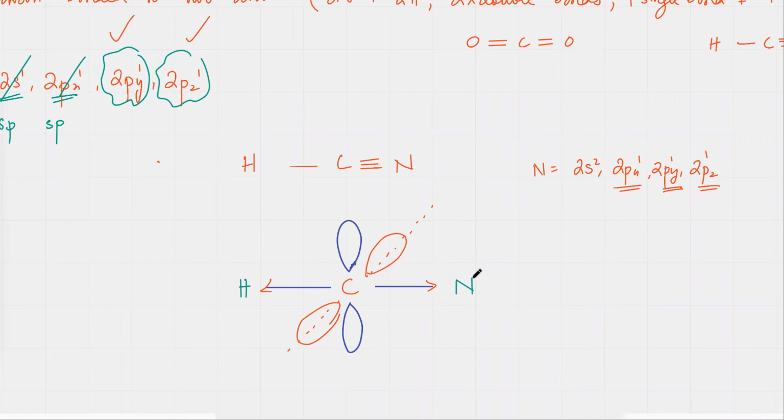Nitrogen has already received one electron from carbon, so the 2px is, let's assume, full. What about the 2py and the 2pz? Nitrogen has orbitals that still need electrons. So there's a 2py, and on the z-axis there is going to be a 2pz as well.